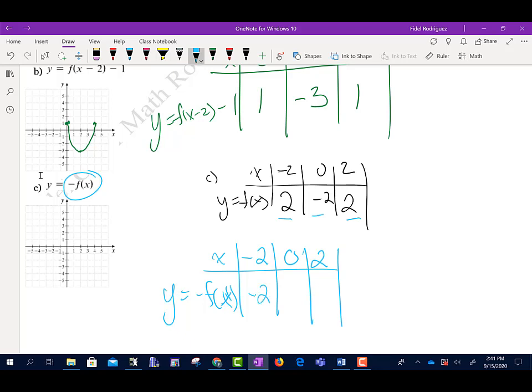So that becomes a negative 2. That becomes a positive 2. This one also becomes a negative 2. So negative 2 and negative 2 is right here. 0 and 2 is up here, and 2 and negative 2 is down there, and there is my graph.